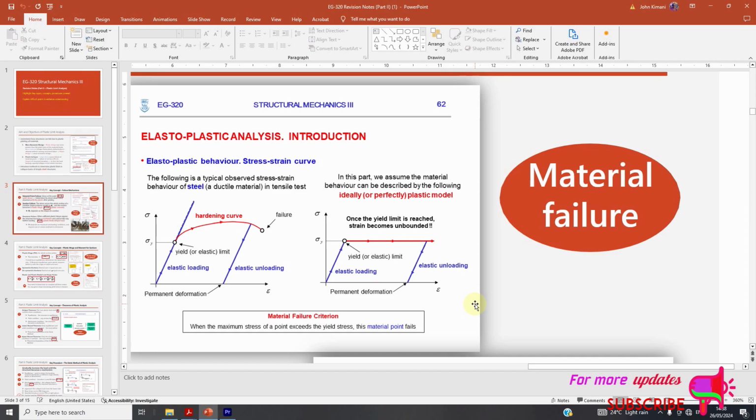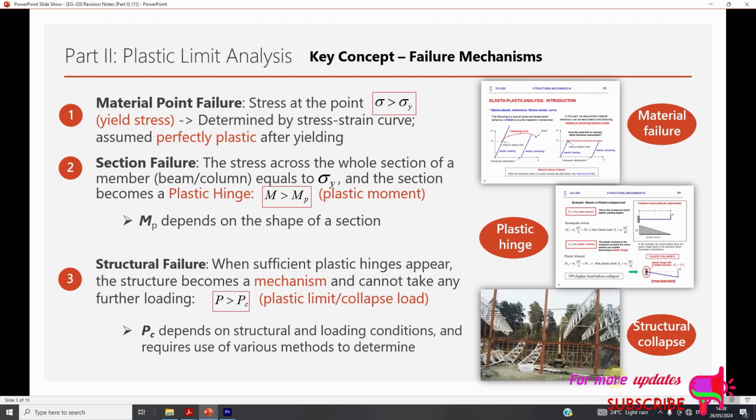The stress across the whole section of a member equals stress in Y, and the section becomes a plastic hinge. When sufficient plastic hinges appear, the structure becomes a mechanism and cannot take any further load.